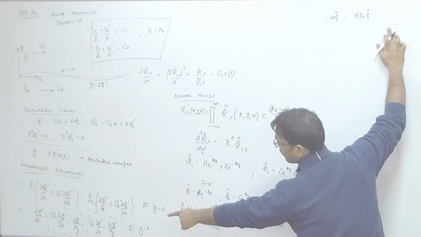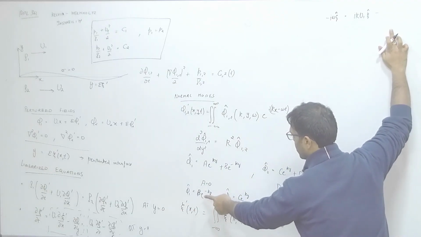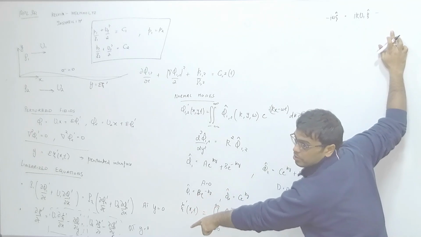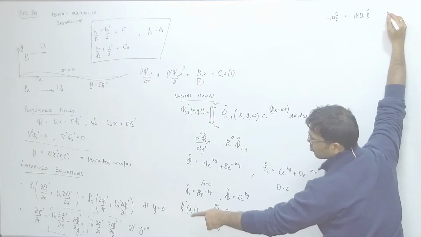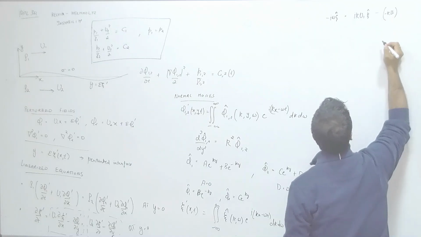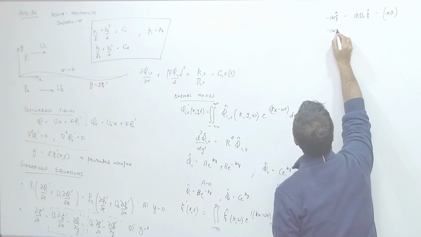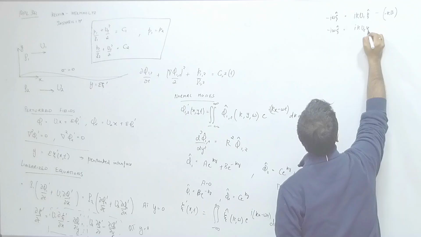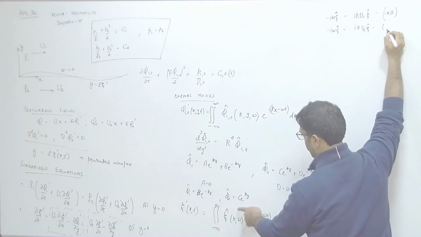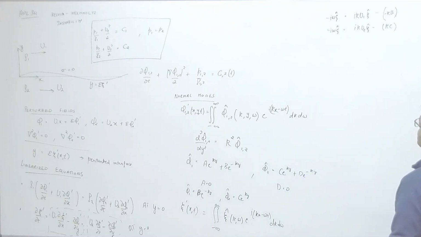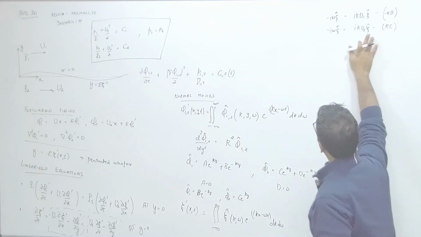So what is del phi1 prime by del y? It is minus kb e to the power minus ky, and then you substitute y equal to 0. So minus of minus kb, and this is also equal to the second one. For that, the derivative will be k times c. Okay, these are the two equations that you get.